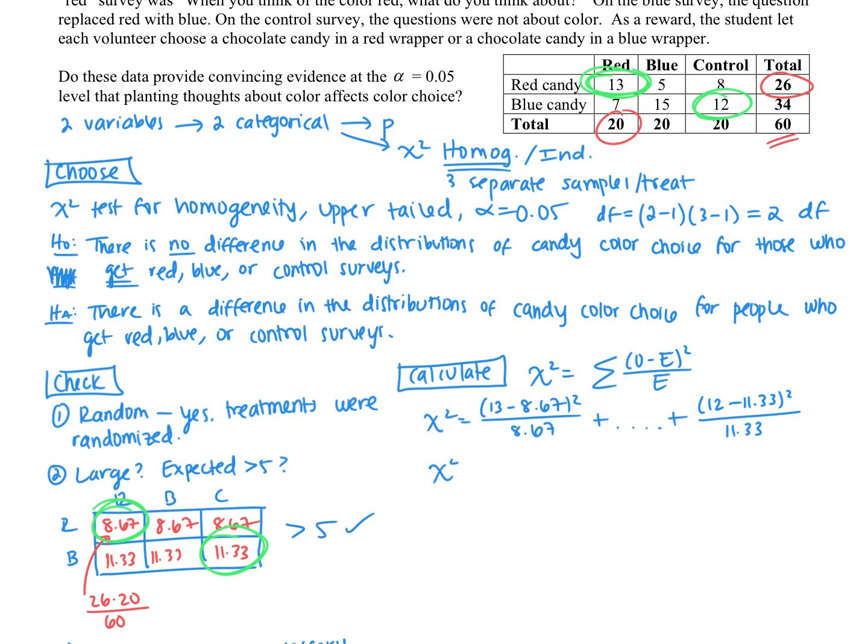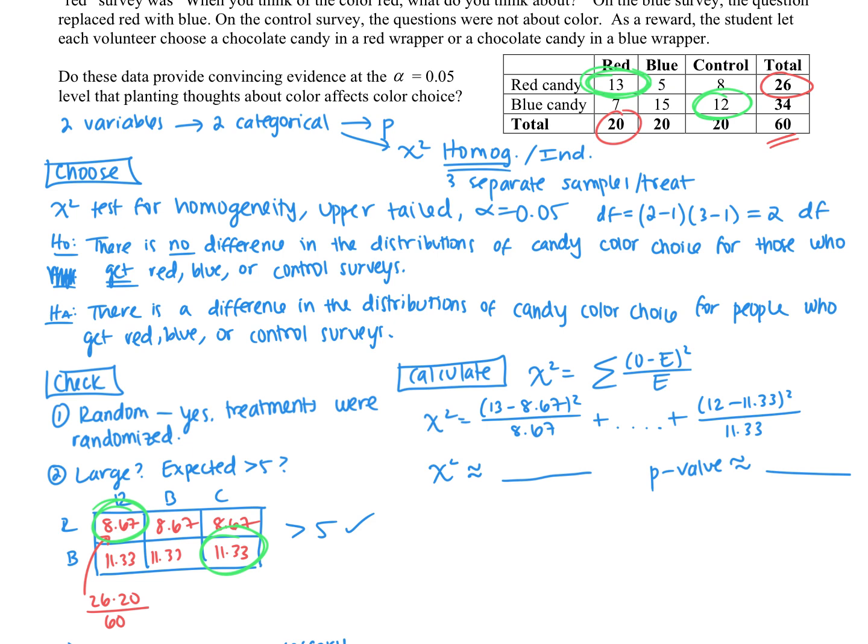And then from there, we're going to get our chi-square from the calculator, and we will get our p-value from the calculator. Okay, you ready? Let's talk about the calculator.